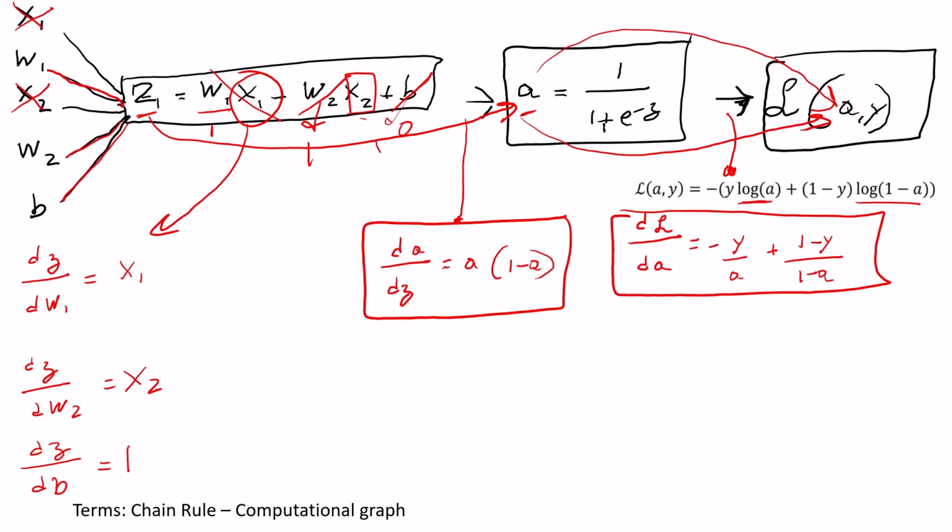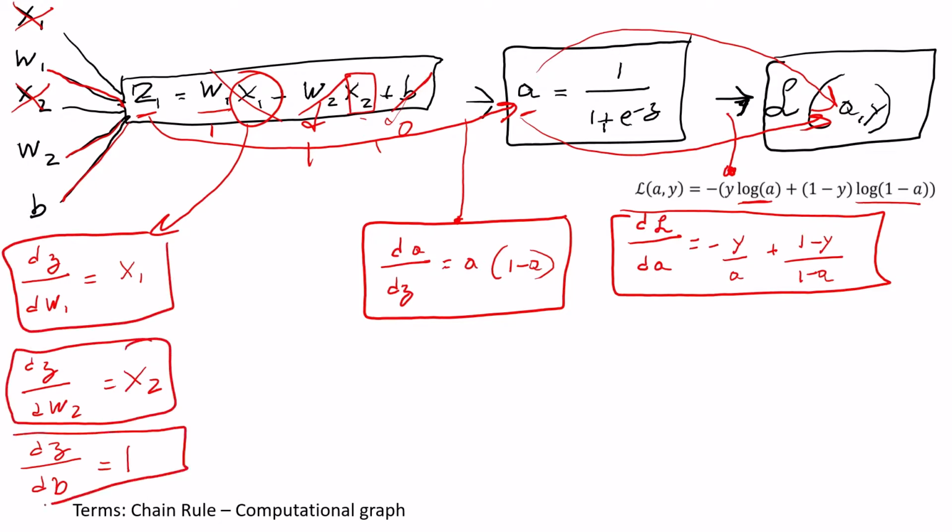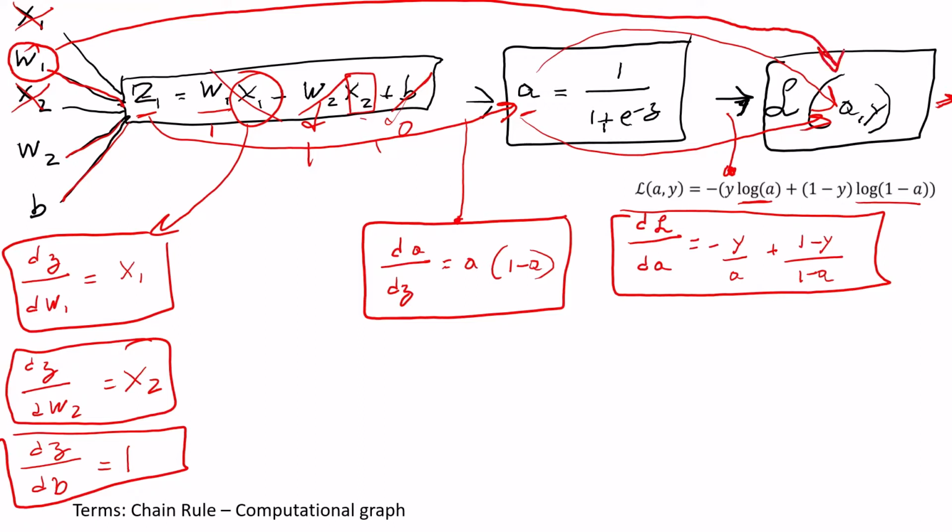So what we are looking at here is a set of equations that will lead us to the end. If I change the value of w1, how is that going to affect my cost function? That is simply dl over dw1.